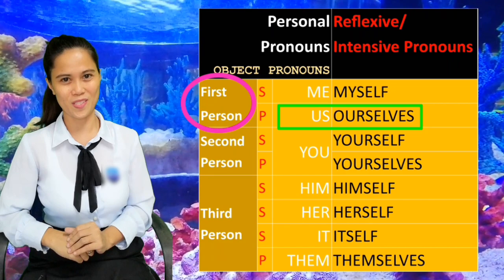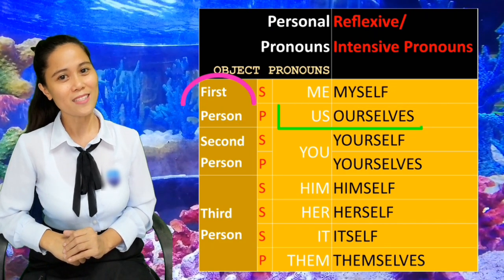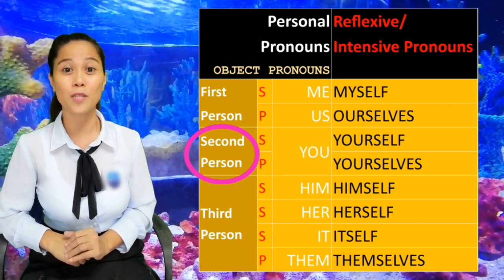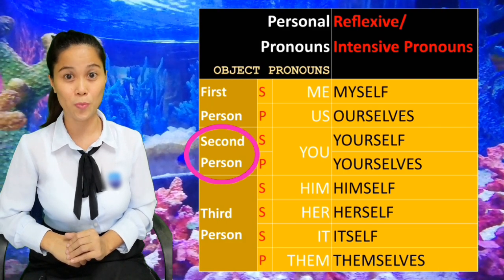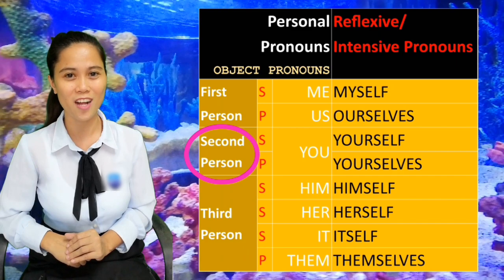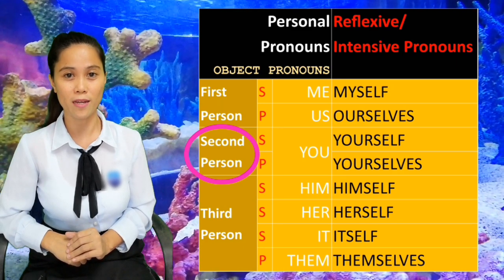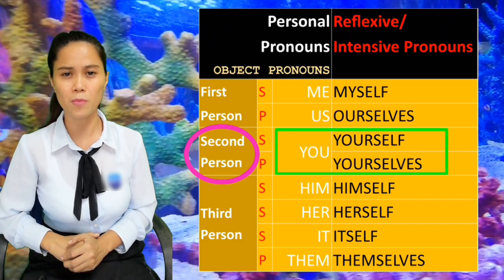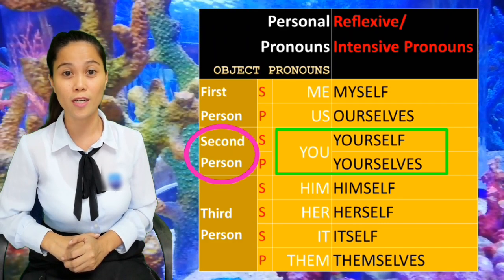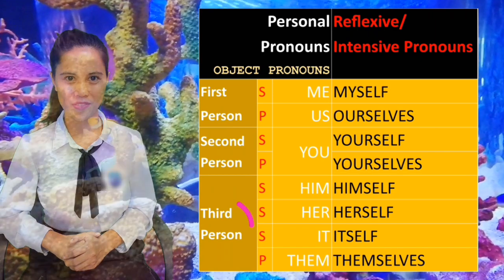So ourselves. Next is the second person. The second person refers to the person you are addressing, the person you're talking to. We only have one pronoun for that, it's you. For intensive and reflexive, it becomes yourself for singular, and for plural, yourselves.